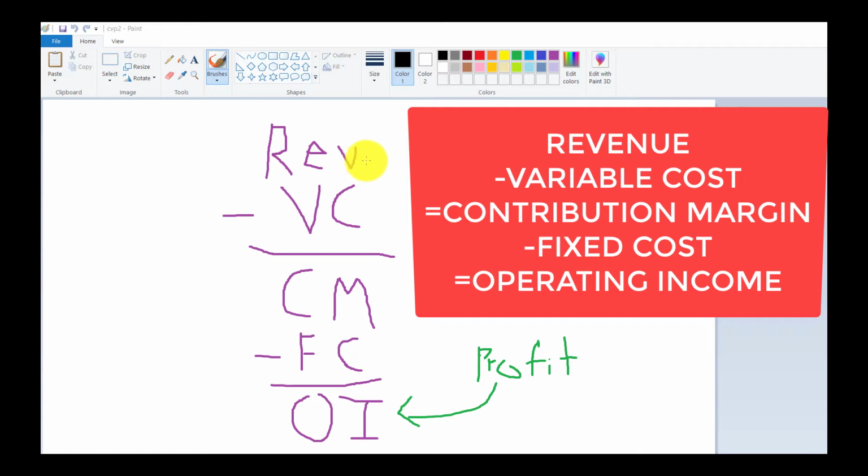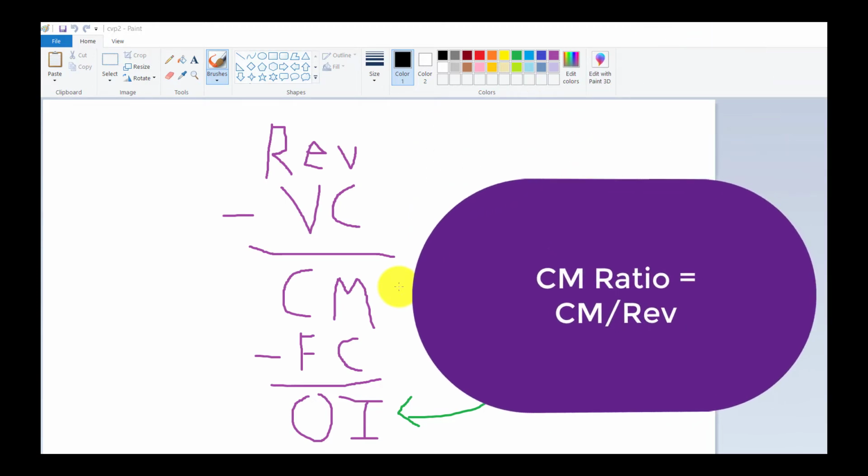Now, revenue minus variable cost is a special number called contribution margin. We'll be using that number quite a bit, so just keep that in mind. This is also a good time to point out the contribution margin ratio. Take your contribution margin divided by your revenue. There you go.